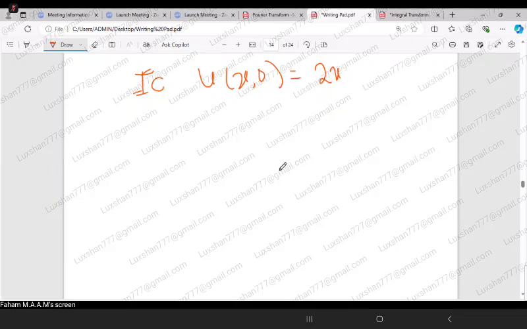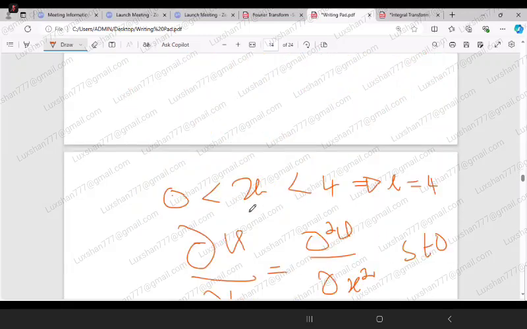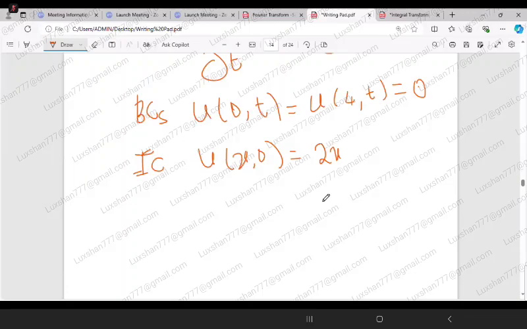Now we take the Fourier transform. Which transform will we take? This time we cannot consider the infinite case because our range is 0 to 4, so this is a finite case. In the finite case we have two choices: the sine transform or the cosine transform.